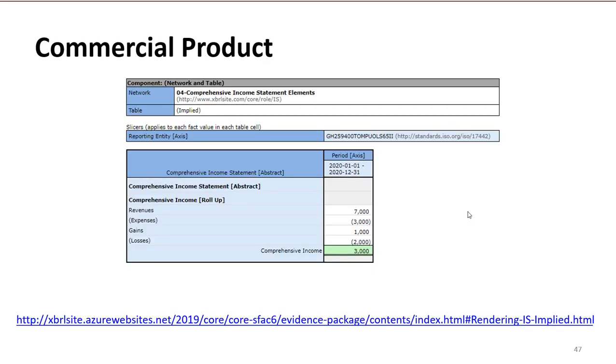And this is a commercial product that does all this today. You can look at this. There's all kinds of other interesting things you can do in terms of clicking on the concept and seeing the details of which report element and the properties of that report element, etc.